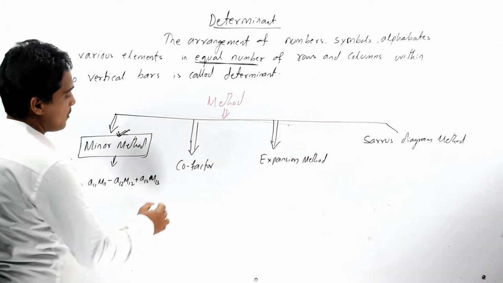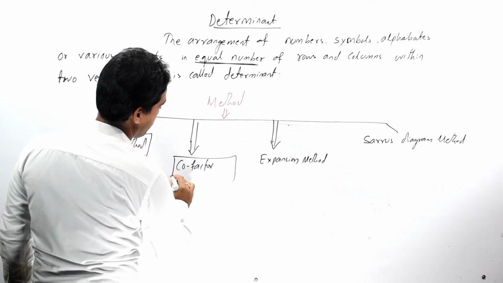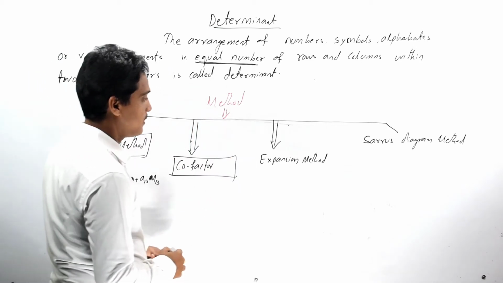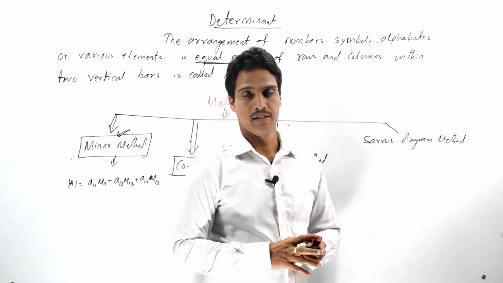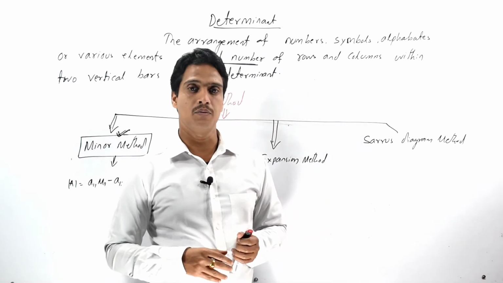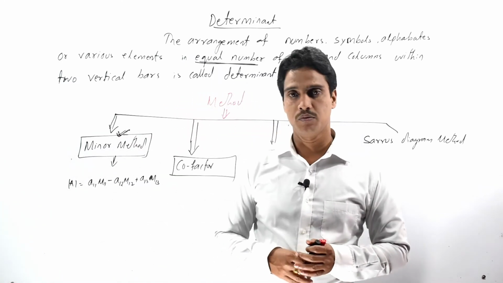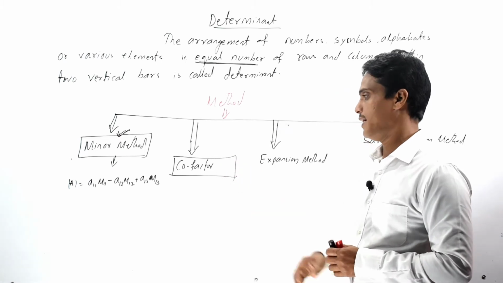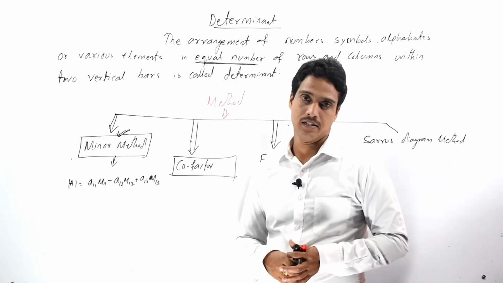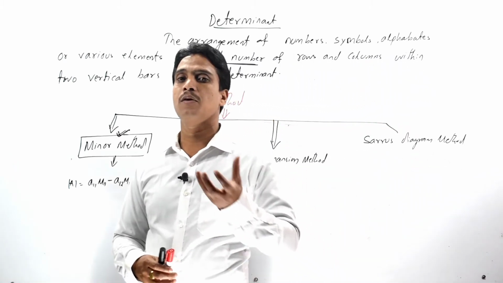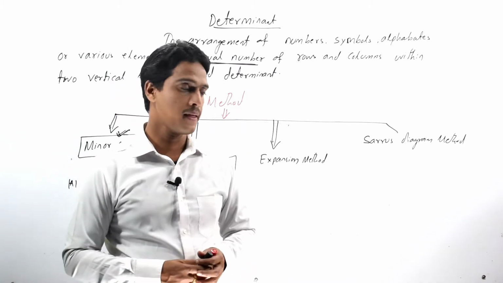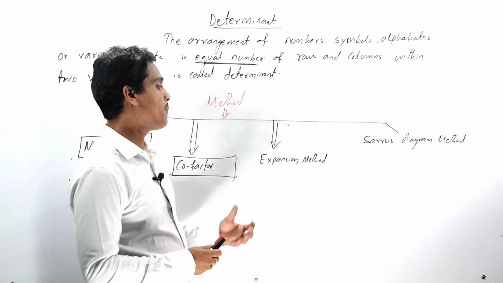So now come to our cofactor method, the method in which the determinant value can be found by using cofactors of the elements of any row or column.